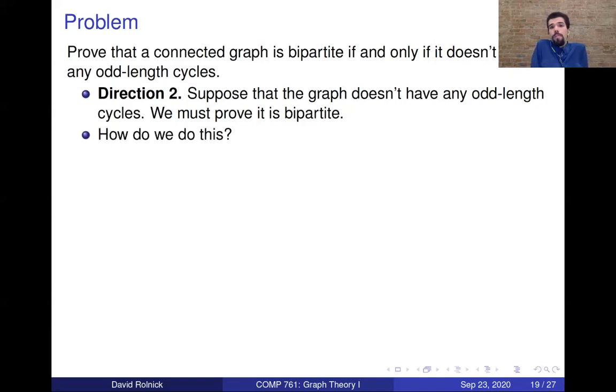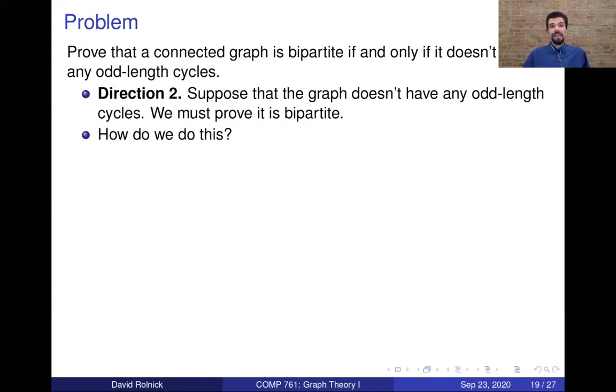How would you go about trying to show that something is bipartite? Suppose you were just working with an example. Yeah, exactly. Put the vertices in 2 bins.